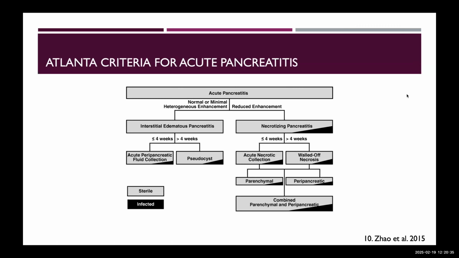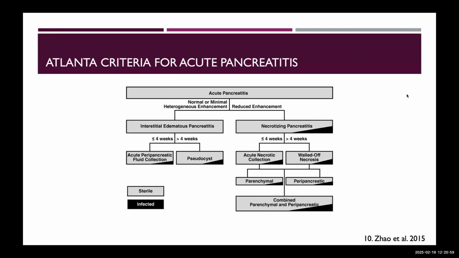So with acute interstitial edematous pancreatitis, patients within 4 weeks, if they have fluid around the pancreas, will develop an acute peripancreatic fluid collection operationally, and then subsequently develop a pseudocyst. That's important because a pseudocyst is defined as a well-encapsulated, well-mature cystic lesion, whereas an acute peripancreatic fluid collection is not.